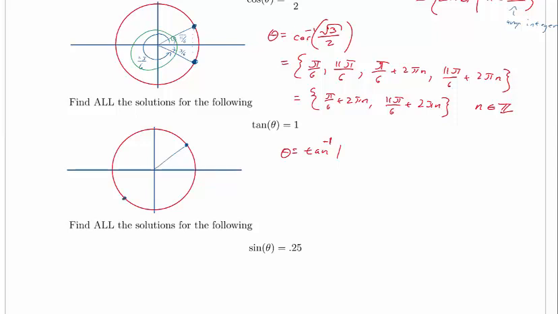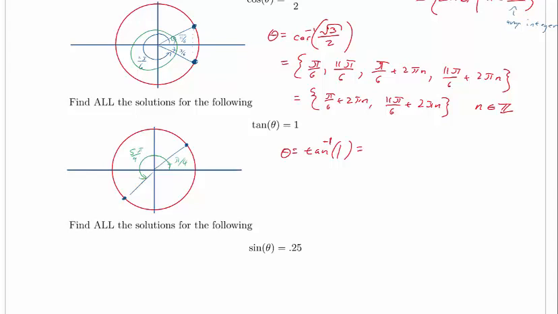and that solution would be right here. And so we have pi over 4, and then we also have 5 pi over 4. So when we do the solution, again, we want to include all the solutions, so not just pi over 4 represents that position, but pi over 4 plus any revolution, right?